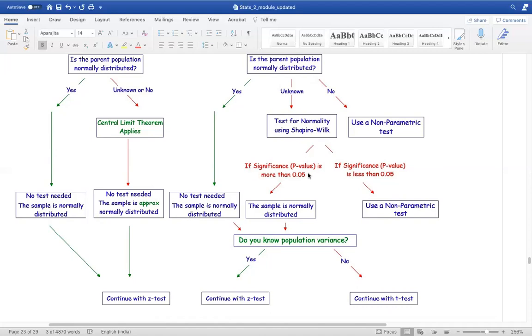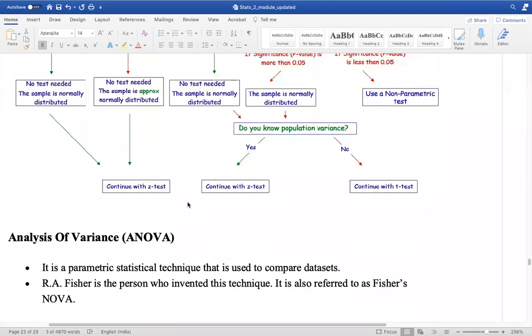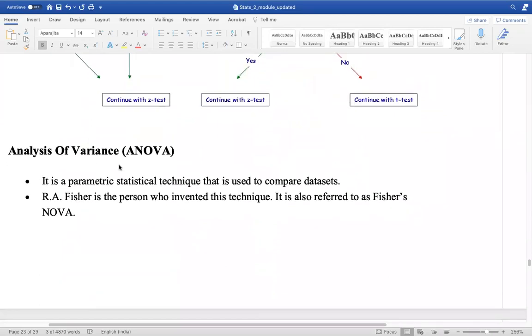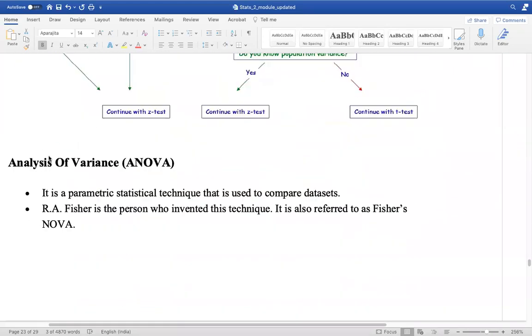This is the significance value. If the p value is more than 0.05, the sample is normally distributed. Then we can go for the Z test if you know the population variance, and the t test if you don't. If the p value is less than 0.05, then you can go for a non-parametric test. So that will be the test we can use.